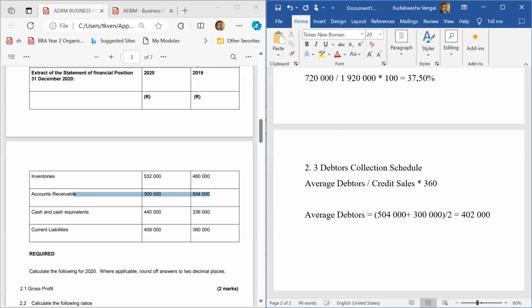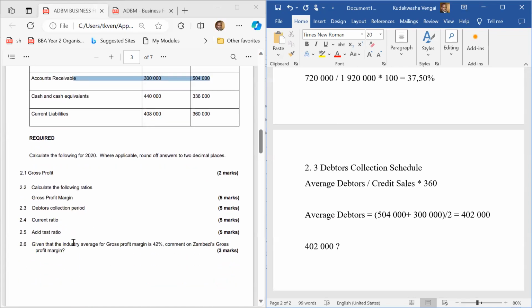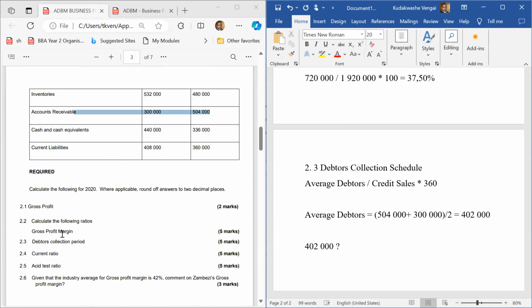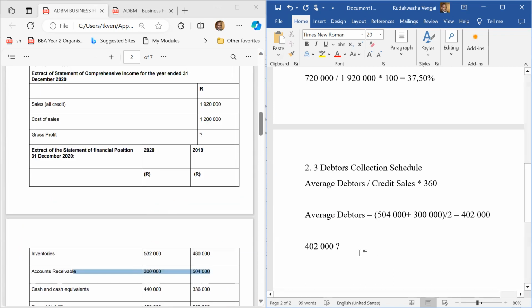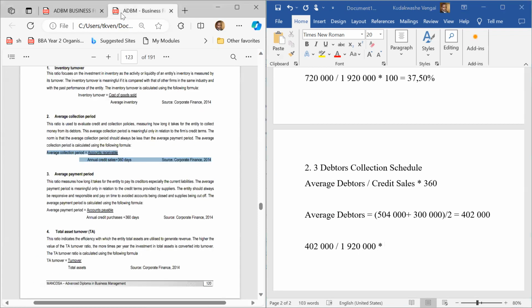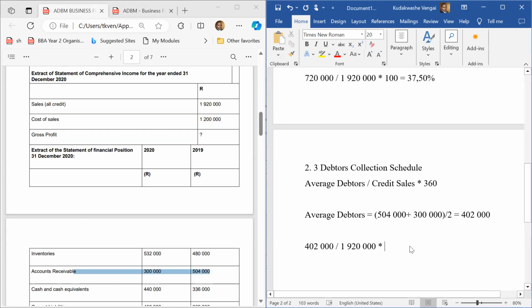And then we use that average. So it's going to be 402,123 divided by the credit sales. Are we told anything about credit sales here? Or all sales are on credit, that's fine. So divided by 1,920,123, multiplied by 360.